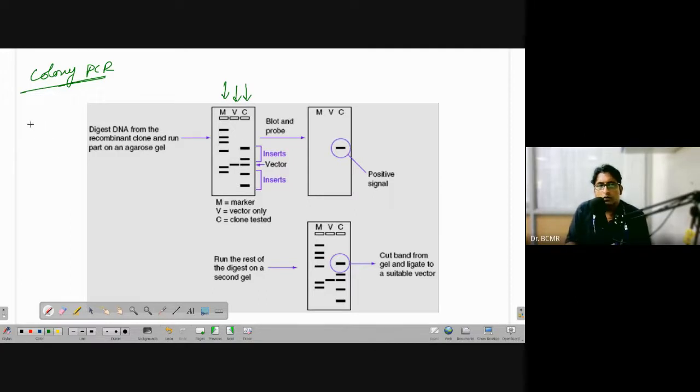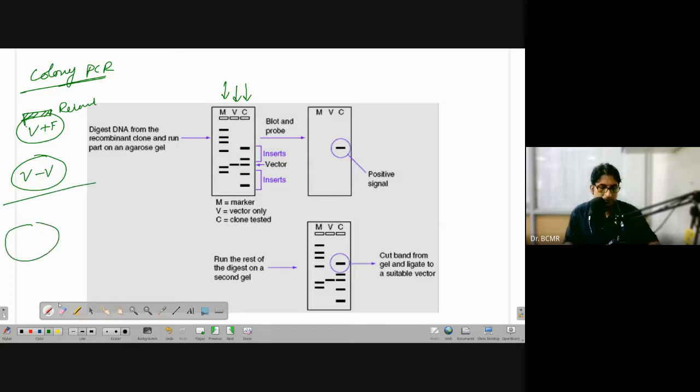So what we do is we perform ligation, assume that. When we perform ligation, assume there is religation also, vector-vector religation. And here, this is vector-fragment ligation. We want the recombinant. This is the recombinant. We have transformed it into E. coli. Say, for example, these are two E. coli, and one of them has the vector plus fragment, and the other one is vector-vector.